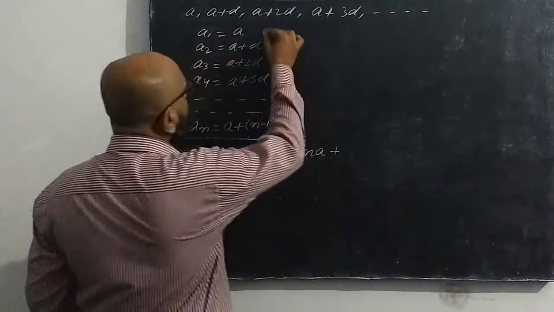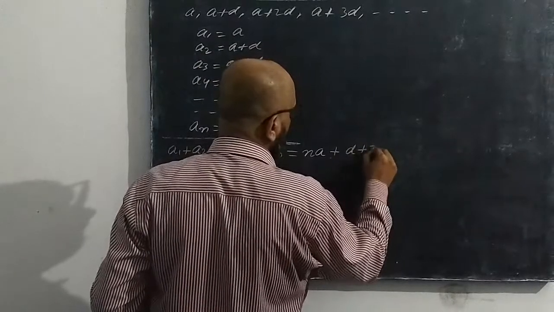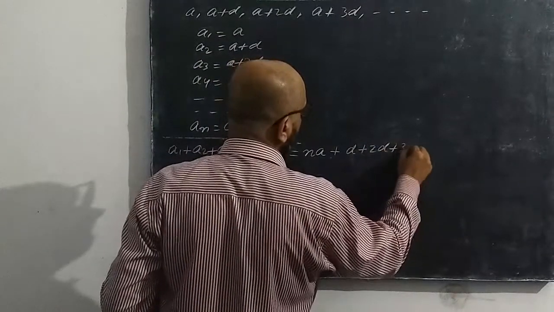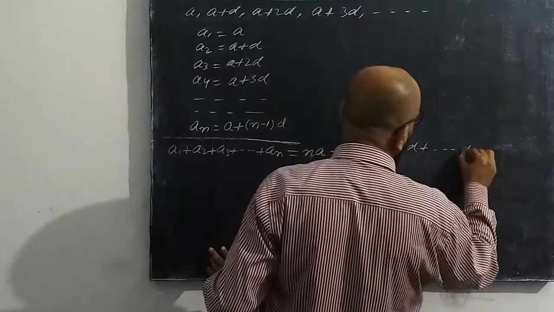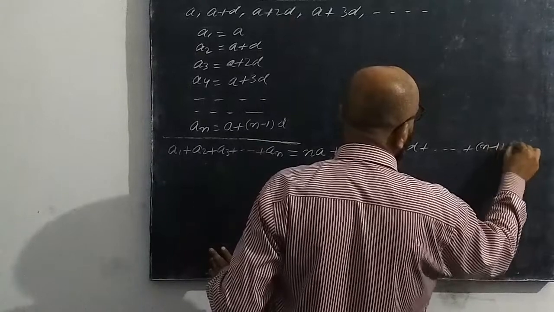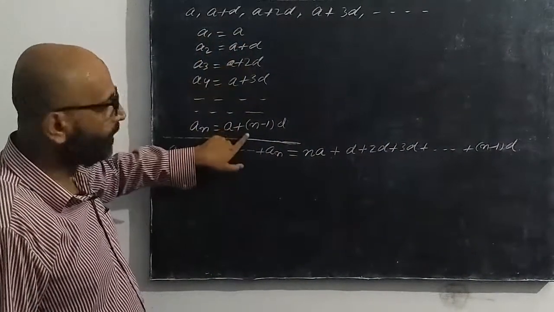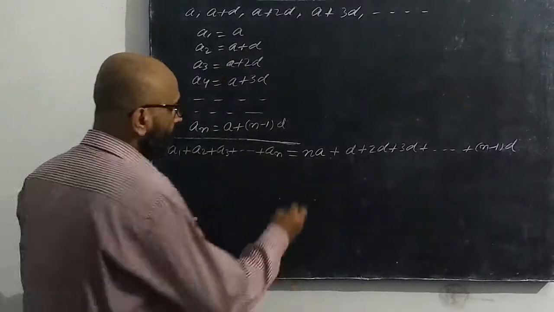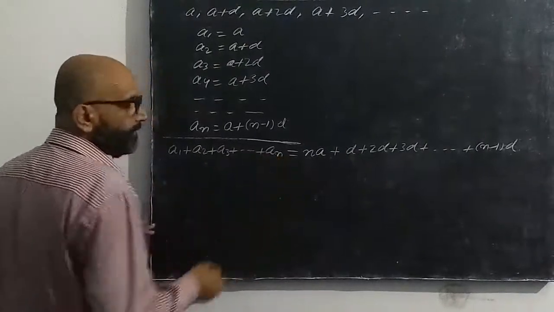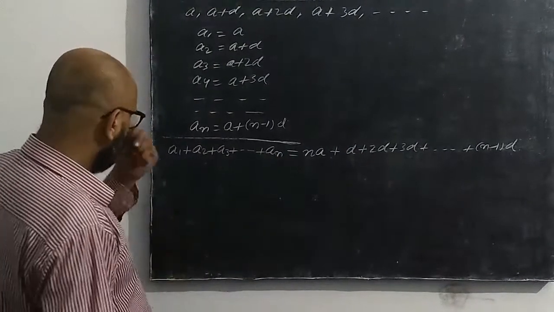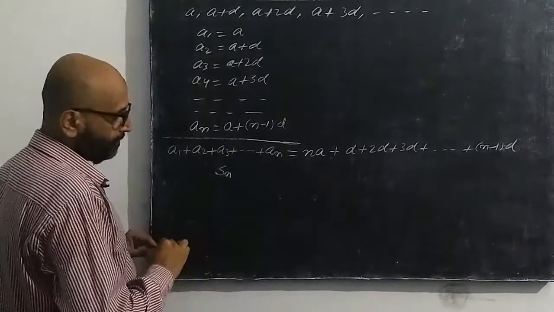Plus the second terms are added together, that is d plus 2d plus 3d plus so on to n minus 1 into d. On the left hand side, a1 plus a2 plus a3 and so on to an, that is the sum of first n terms, is denoted by Sn.